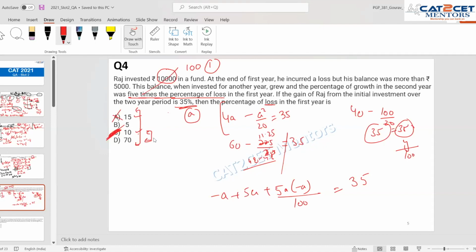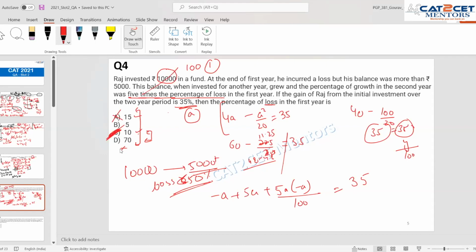But in the question it is given that after 1 year this is turning to 5,000 plus value. So if it is more than 5,000, then that means our loss percentage is less than 50. So if the loss is less than 50%, then option D can't be the answer. 70 can't be the answer.